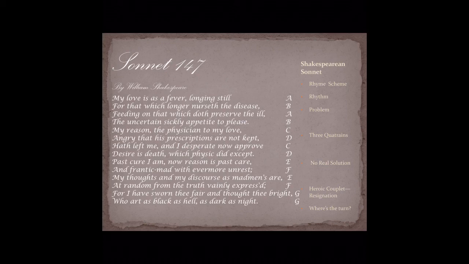And we could say that the final couplet is where the turn is, but it still does not have very much resolution. The conceit in the first 8 lines is a physical sickness, and then that moves in the sestet to a mental sickness. That is the primary conceit, that of sickness. And at the end, we do have "For I have sworn thee fair and thought thee bright, who art as black as hell, as dark as night."